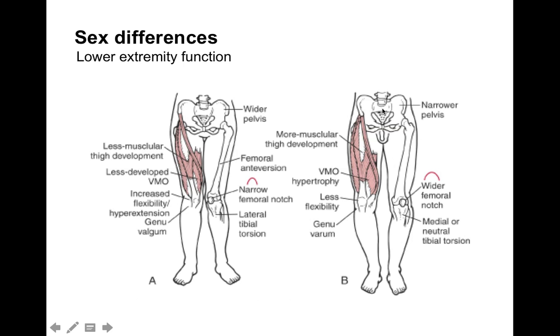And the primary difference I'd like you to understand at this point is that the wider pelvis brings the proximal aspect of the femur out more laterally in the body, meaning that in order to keep the feet underneath the body, the female knee has a much greater genu valgum or knock-kneed presentation. And this has all sorts of consequences for muscle activation, muscle development, as well as flexibility and stability.